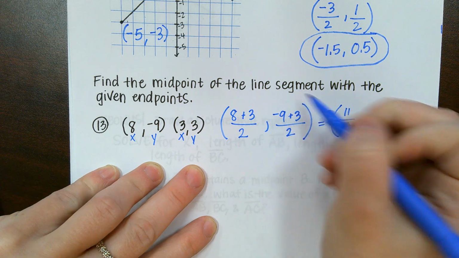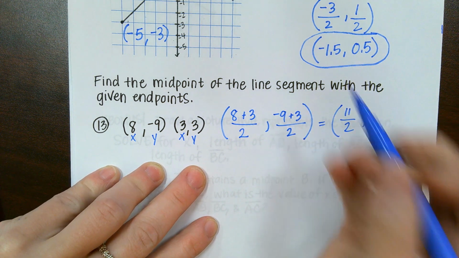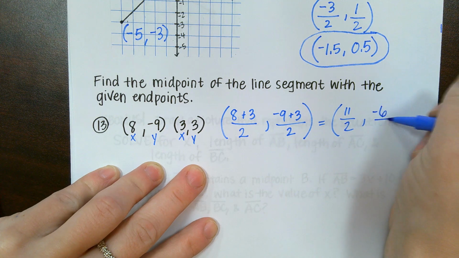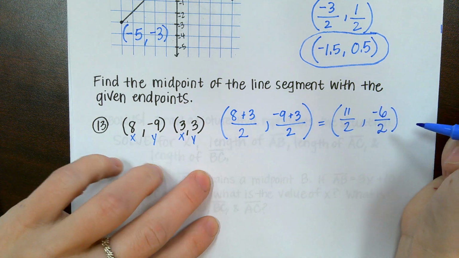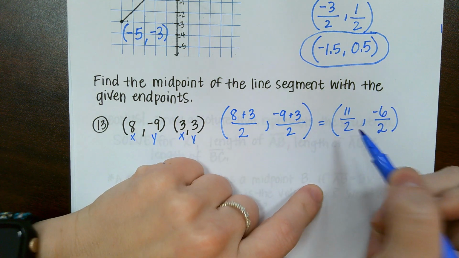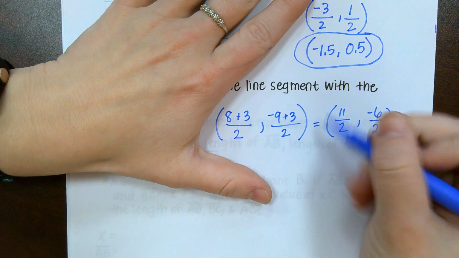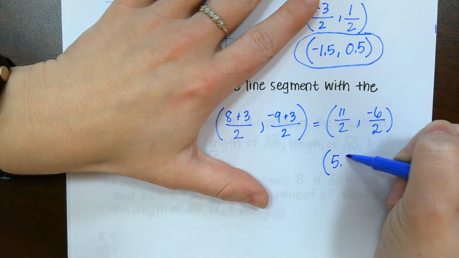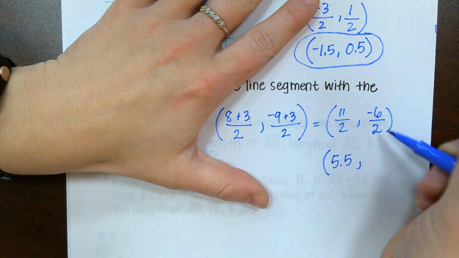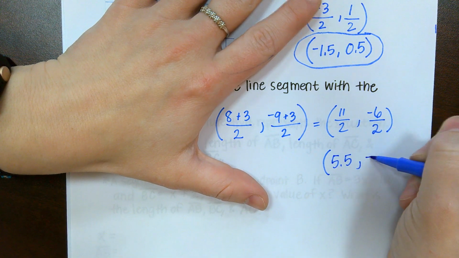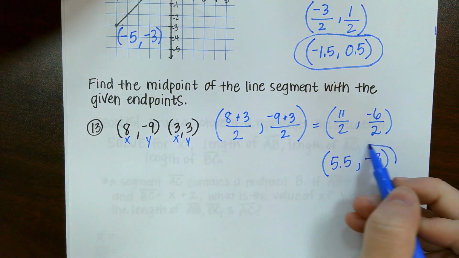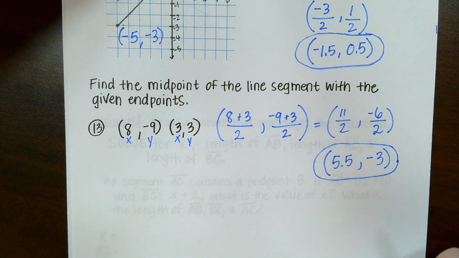And negative 9 plus 3, 9, 8, 7, 6. Negative 6 over 2. So now I'm just going to divide. 11 divided by 2 is 5.5. And negative 6 divided by 2 is negative 3. And that is my answer. So I'll circle it.